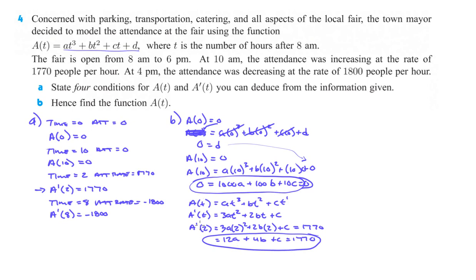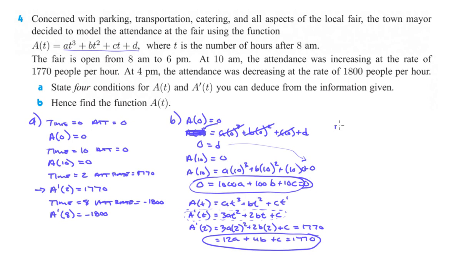Okay, and then we can do the same thing for the derivative at 8 equals negative 1800. Here's our derivative function, which is going to come in handy for this one.